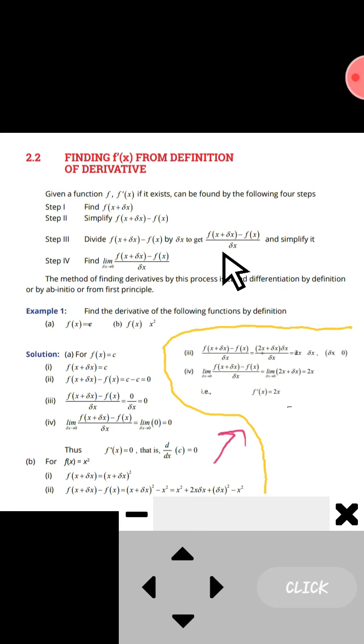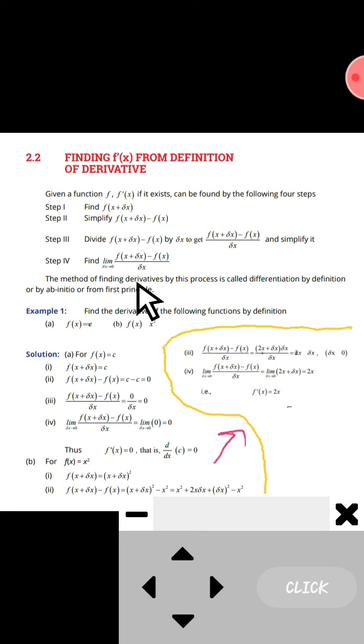After simplifying it, we have the last step, which is step number 4. Find the limit as delta x tends to 0 of f of x plus delta x minus f of x upon delta x. In chapter number 1 we have learned how to find the limits of a function.